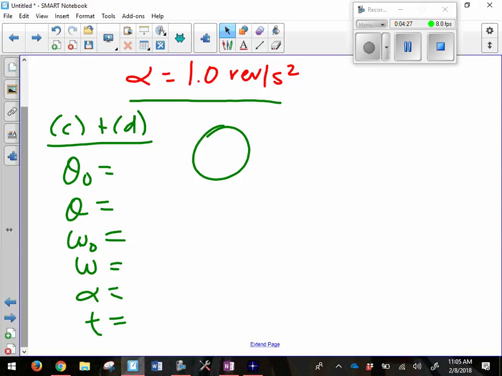So somebody give me something I can put on my list of knowns. Okay, so we'll let the initial position be 0. What else? Yeah, because it starts from rest. Good. What else?